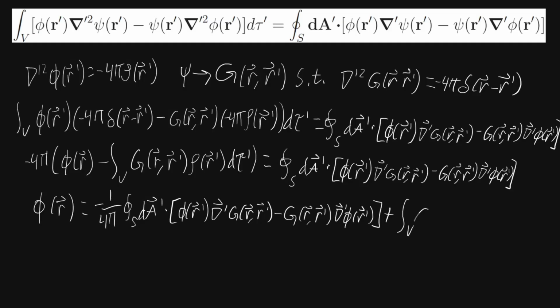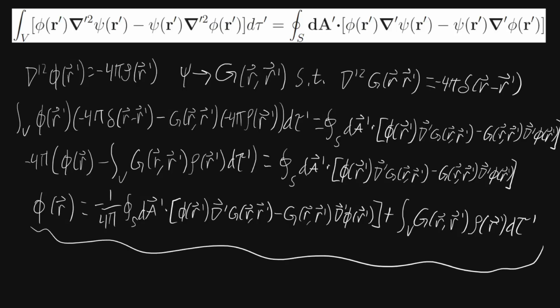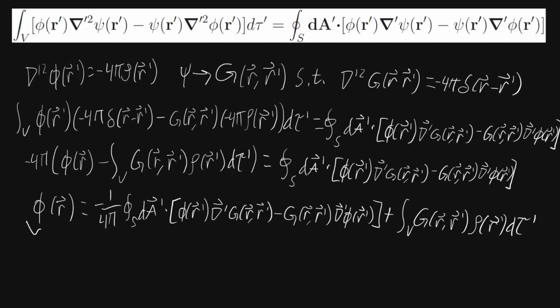And so we can add the volume integral of our Green's function times our charge density function, integrating over the volume, obviously. And then this is actually just a complete representation for the solution to Poisson's equation for some general potential under general boundary conditions, because we haven't defined the gradient, which is really just the derivative in multiple dimensions, I guess.